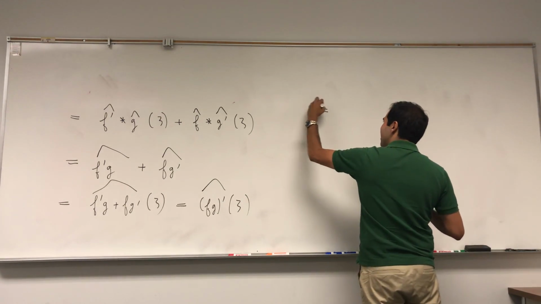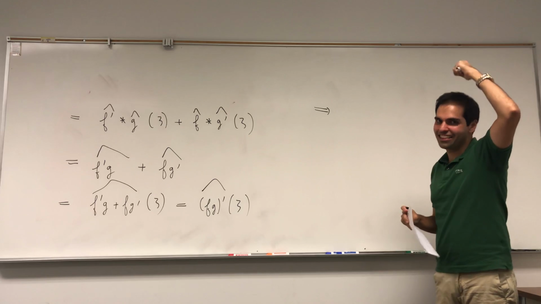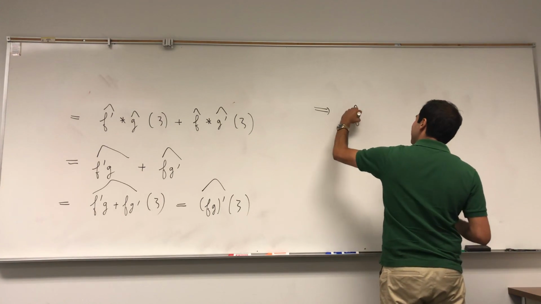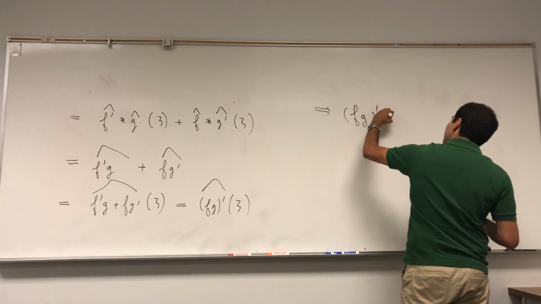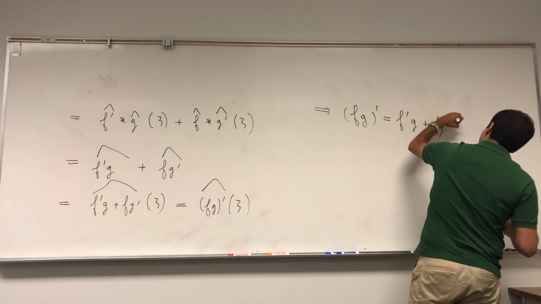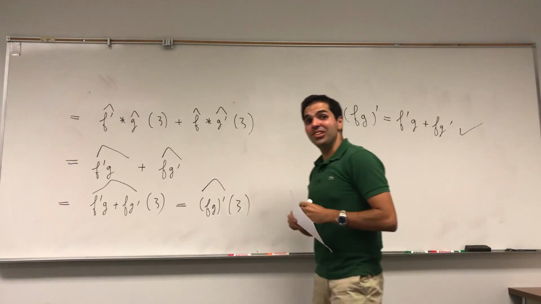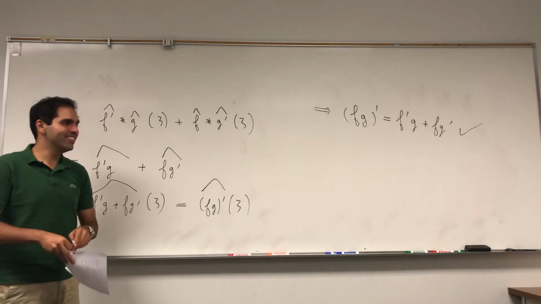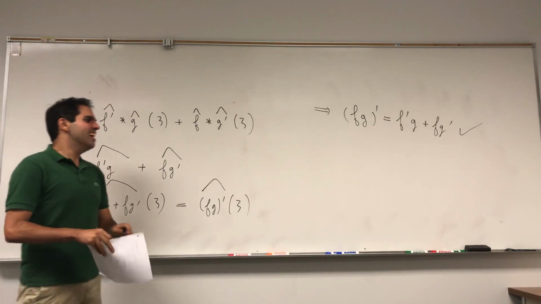So even though you put a hat, you're still the same person. So what we really get is that (fg) prime is f prime g plus f g prime. So using the Fourier transforms, you've shown the product rule. So how neat is that?